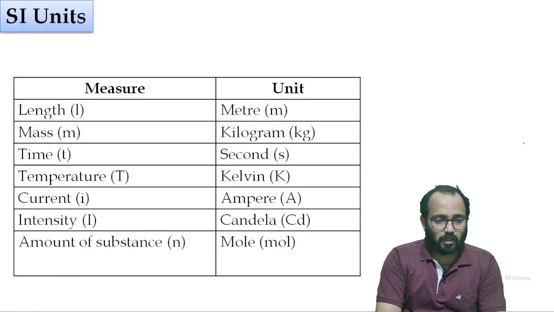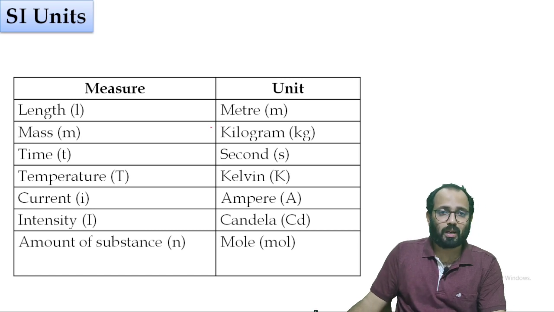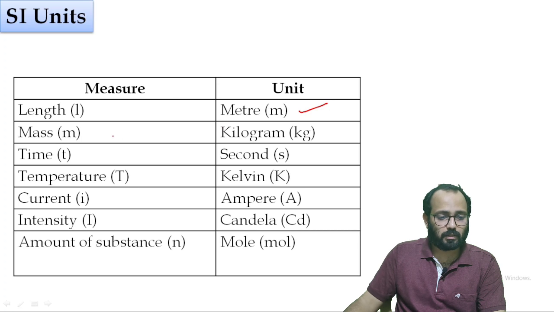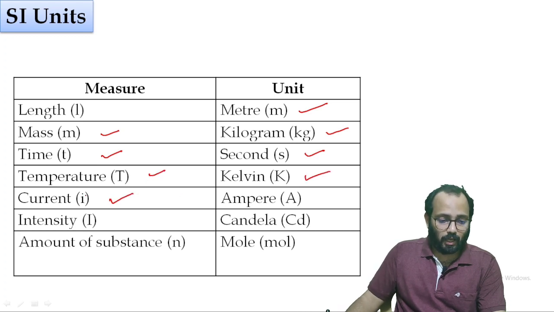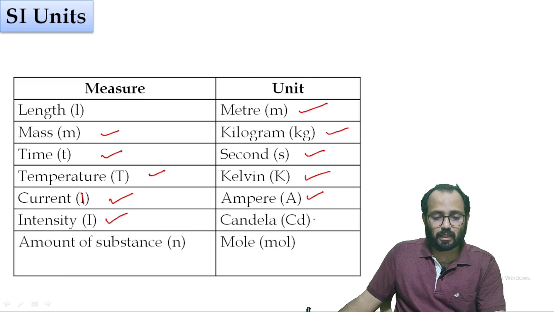In this particular part, the basic ideas I told you, they are discussing initially. They are discussing the SI units, system international units. You know what the SI units are, right? Length is represented in meter, mass in kilogram, time in seconds, temperature in Kelvin, current I in ampere, luminous intensity in candela, cd, and amount of substance in mole.